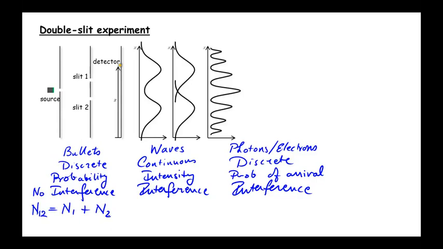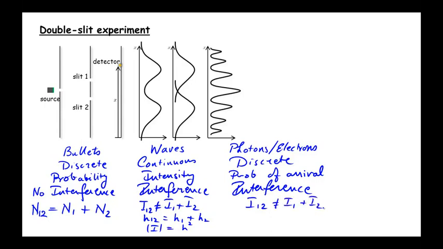In the case of waves, I12 was not equal to I1 plus I2. But what we had was that H12, the height of the wave, did add, and the intensity was the square of the height. In the case of photons or electrons, again, I12 is not equal to I1 plus I2.